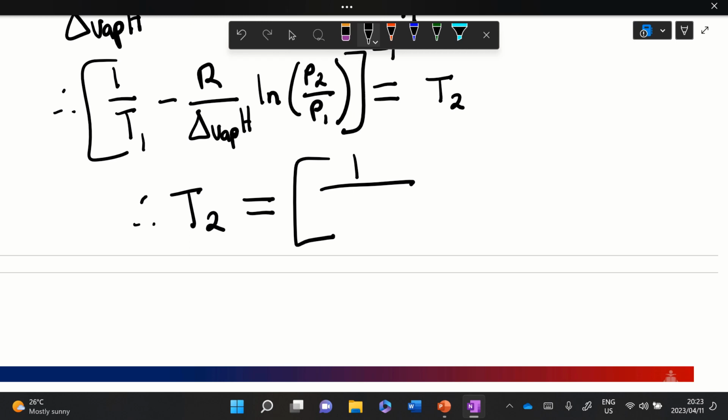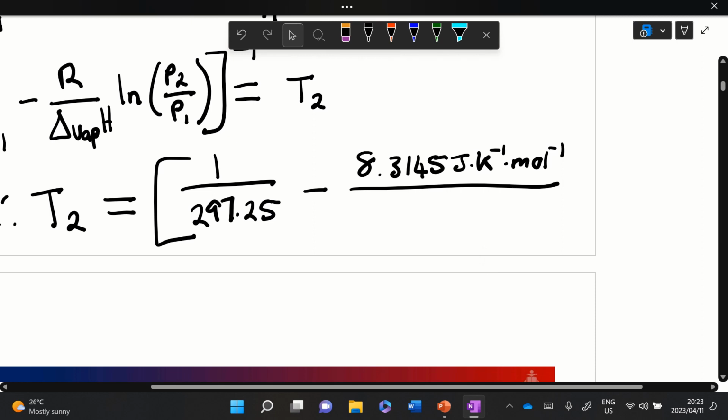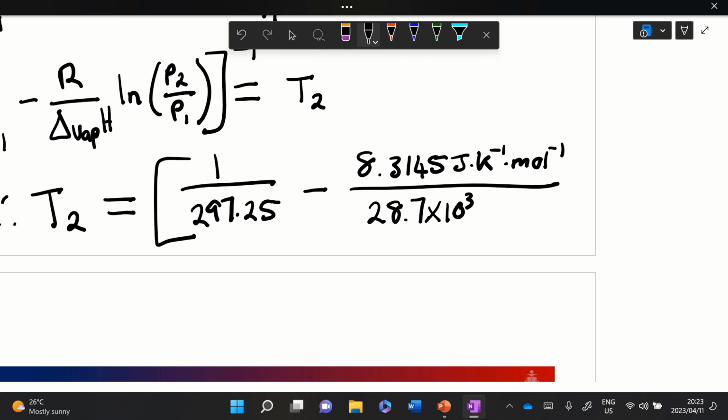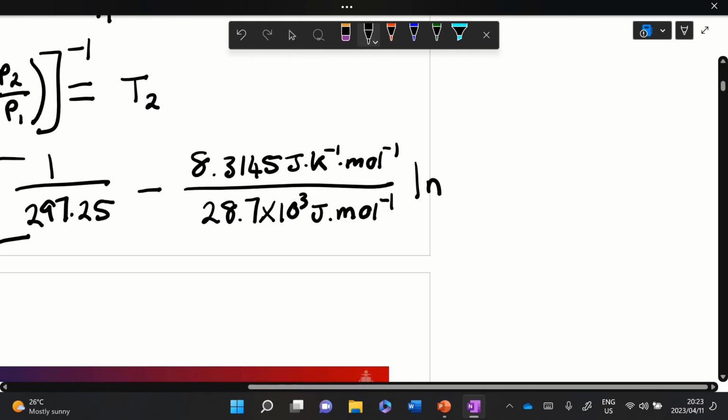So T1 is then 24.1 plus 273, which is 297.25, minus R, which is 8.3145 joule per Kelvin per mole, over delta evaporation, which was 28.7 times 10 to the power 3 joule per mole. Okay, and that's just times ln of 50.